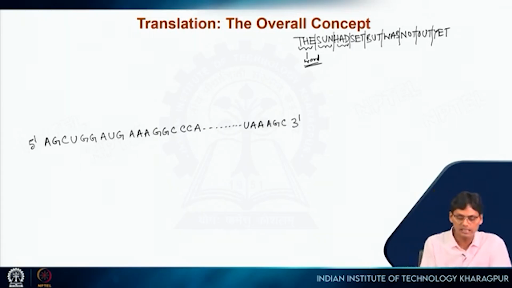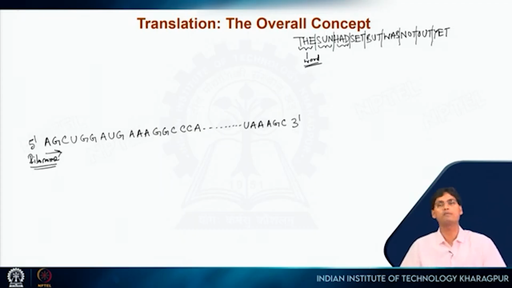So this is the ribosome, right? When the ribosome is moving in this direction, from 5 prime to 3 prime, whenever it encounters the first AUG, this is AUG, right? First AUG.